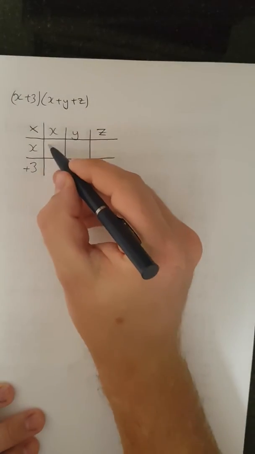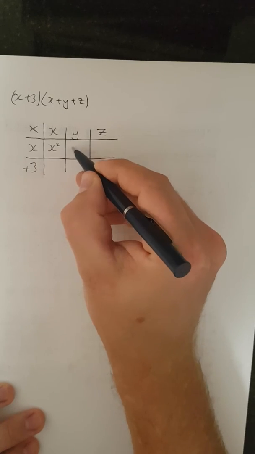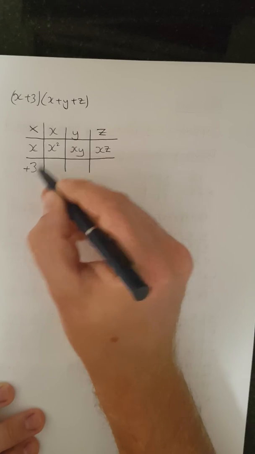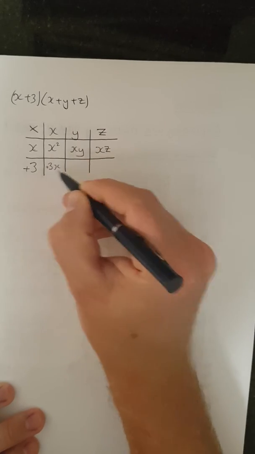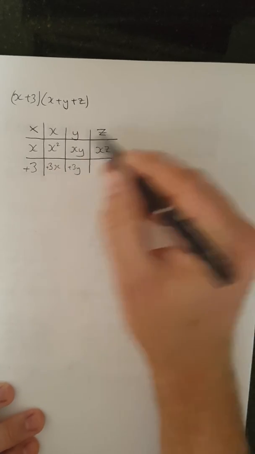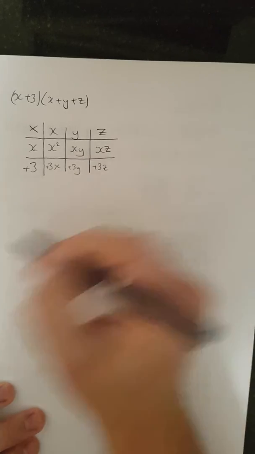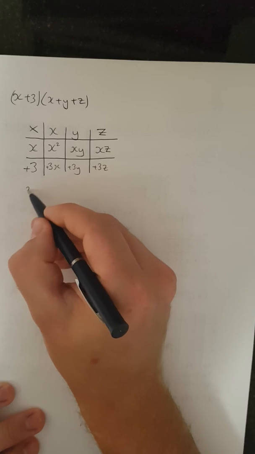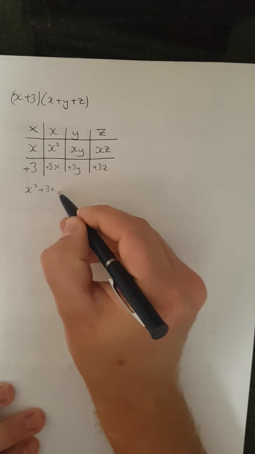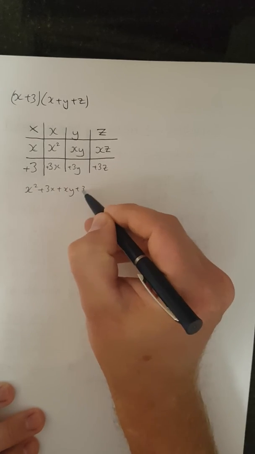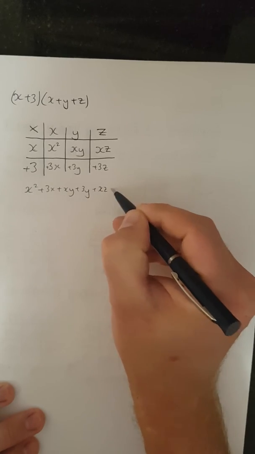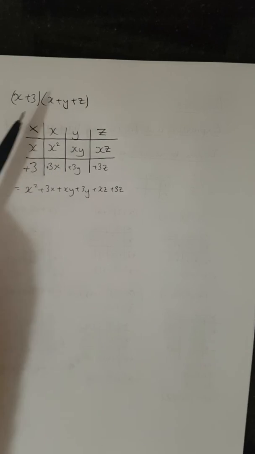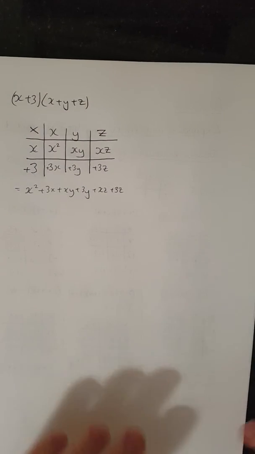So x times x, x times y, x times z, 3 times x, 3 times y, 3 times z. Then add the parts together. Now in this case, none of those parts actually add together nicely, so you leave it unsimplified. But the fact there was a third term made no difference.